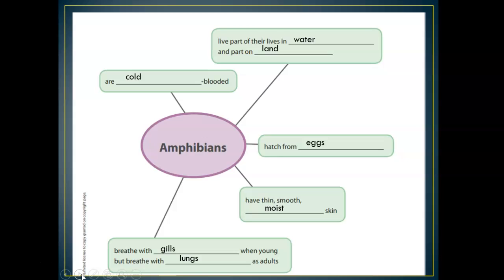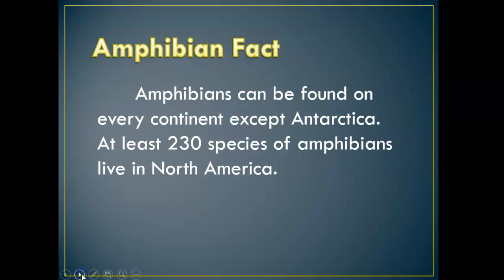And then they breathe with gills when they're young, but then they develop lungs when they become an adult. So these are characteristics of what makes an amphibian an amphibian.